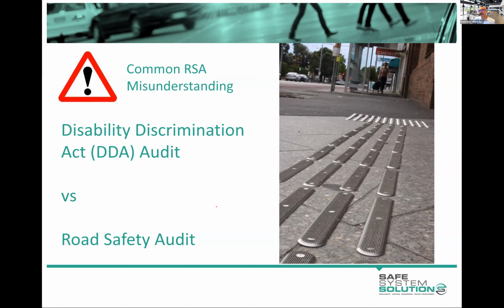I believe if we got all of our tactile ground surface indicators in Australia correct, if we installed them in every location, I'm not sure we would actually save any pedestrian lives or prevent any pedestrian serious injuries over a year. Maybe one or two in a 10-year period, out of the thousands and thousands that are happening out there.